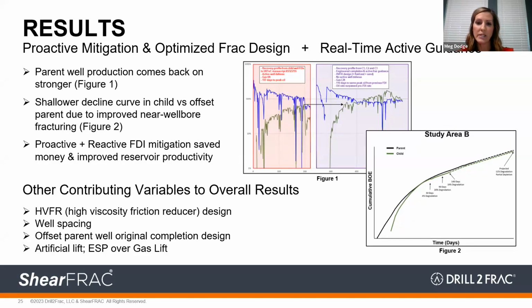All those additional details are lined out in the referenced ERTEC paper. So we were not the only contributing folks to the success of their study. And I just wanted to close with that this was focused in the Permian, but the cohesive approach is also being implemented by operators in Haynesville, Eagle Ford, and Montney and Duvernay at this time.